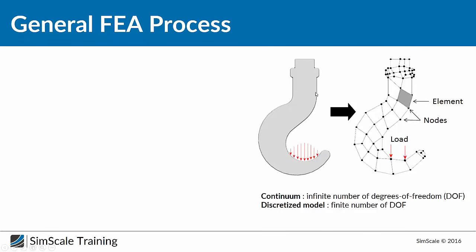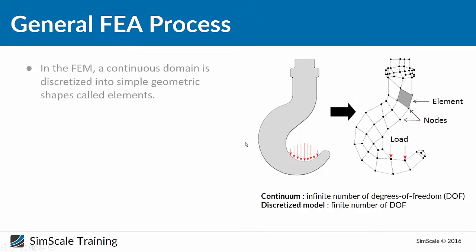And in reality, we have a continuum, which means this hook has an infinite number of degrees of freedom. And if we took the PDEs, we would not be able to solve this equation. But what we are doing in the end is splitting up this continuous domain into discretized simple geometrical shapes, which we call elements. You cannot see it here on the right side.